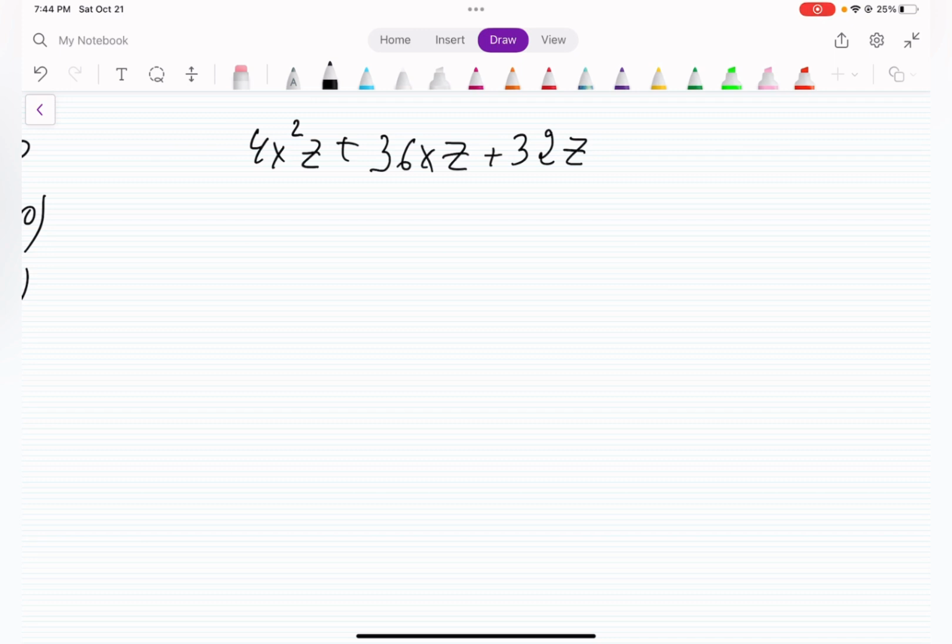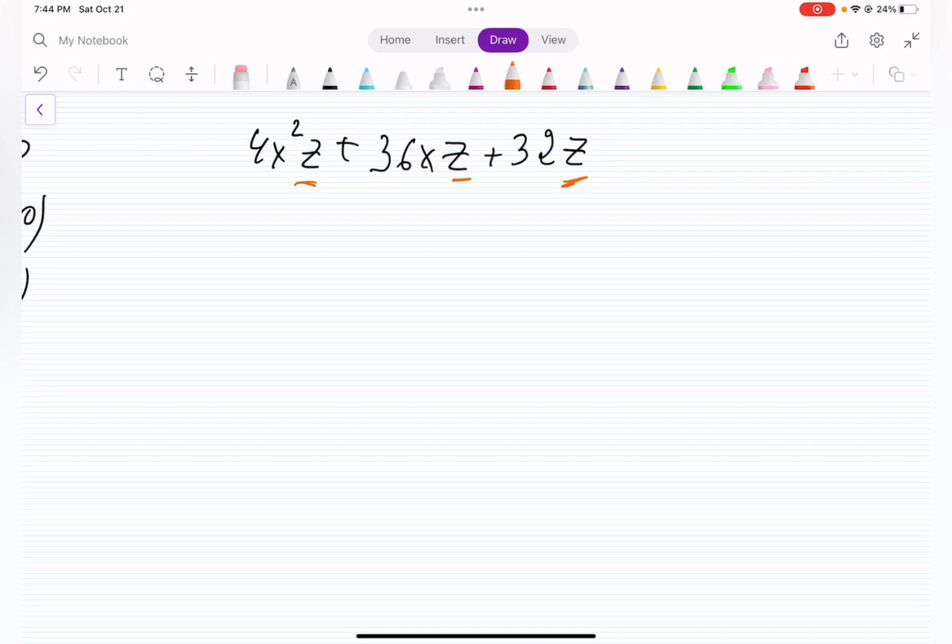Okay, well, look here. I have x everywhere. Ah, not everywhere. Never mind. I was joking. So we have z everywhere. Okay. And 4, 36, and 32, we can divide by 4, right?